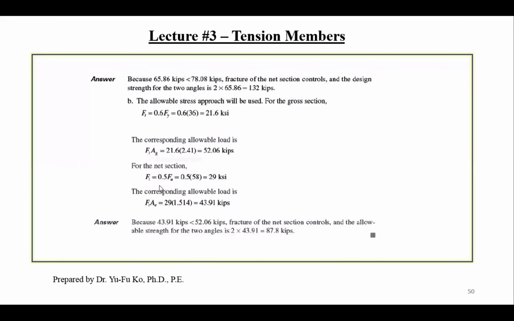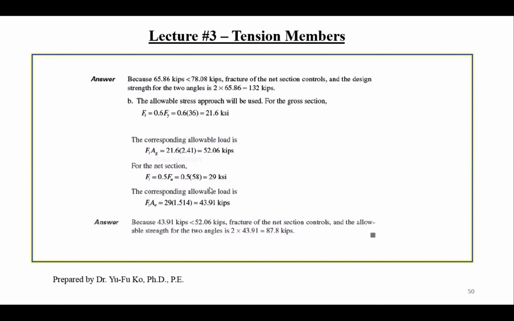For fracture, the allowable is 0.5 Fu. Fu for A36 is 58 ksi, so it's 29 ksi. So 29 times Ae, that you already did the calc in previous slides, then you got 43.91 kips. These are allowable loads based on yielding and fracture. So in this case, still fracture governs.